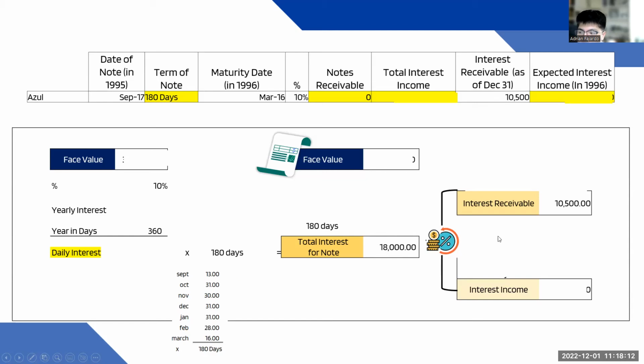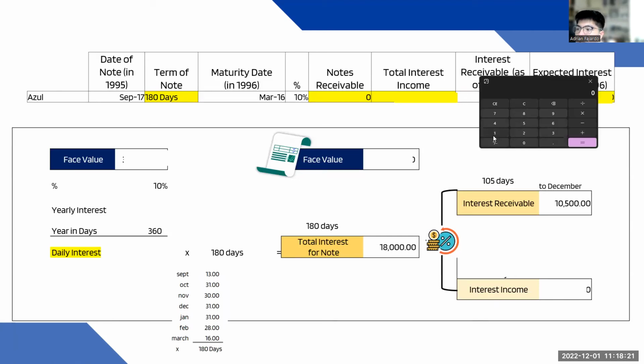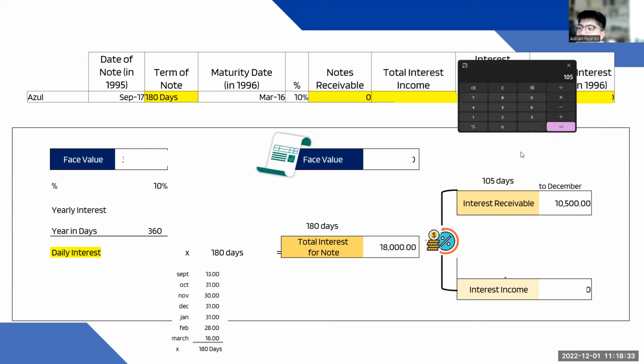So that would be what? 105 days. How did I arrive with 105 days? We start from September 17. So the 13 days in September plus the 31 days in October plus 30 days in November plus 31 in December. 105 days. So I know that this is 105 days, 10,500.